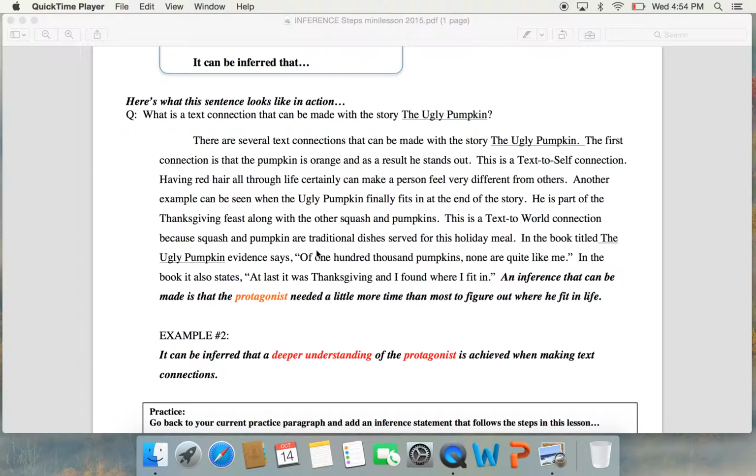Anytime you're answering an essay about making connections, overall your goal for making any text connection is to understand the reading better, have a deeper understanding. So it can be inferred that by making text connections to the pumpkin throughout the story, I was able to understand him better. So my inference statement followed suit. It can be inferred that a deeper understanding of the protagonist is achieved when making text connections.